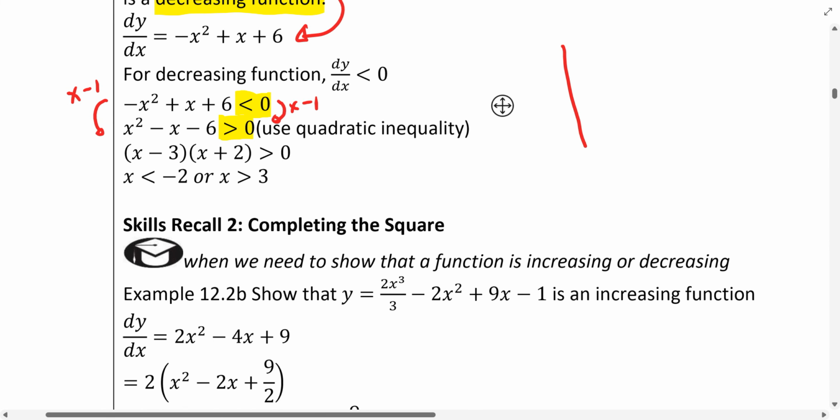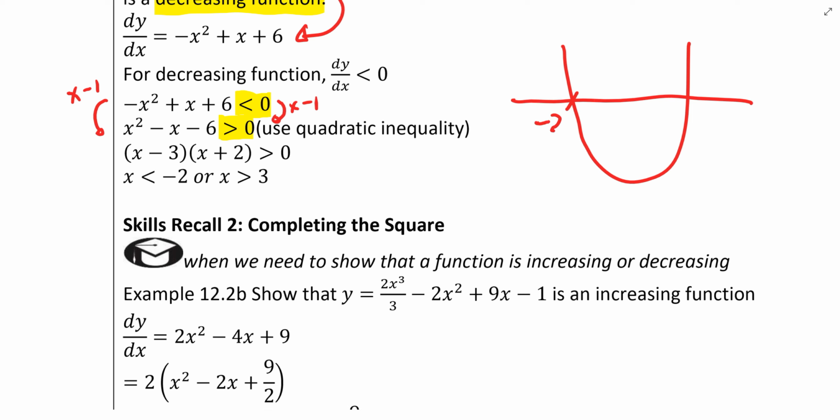So remember your chapter 2 quadratic inequality, label the roots. -2 comes from x plus 2. x minus 3 will give you the root of 3. Now, plus, minus, plus. When it is greater than 0, I circle here and I circle here. So therefore, my final answer is x less than -2 or x greater than 3.